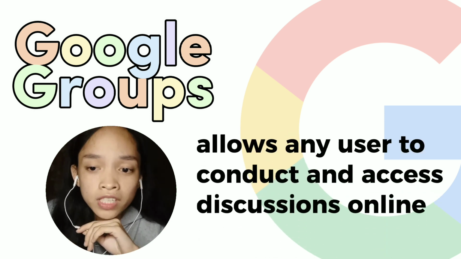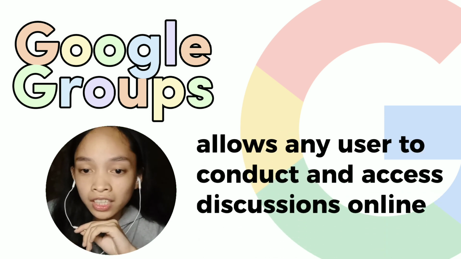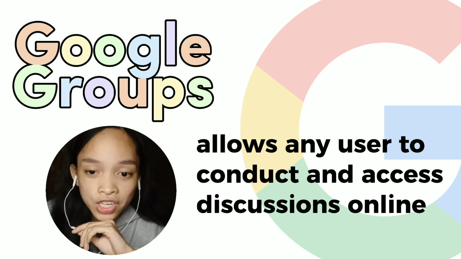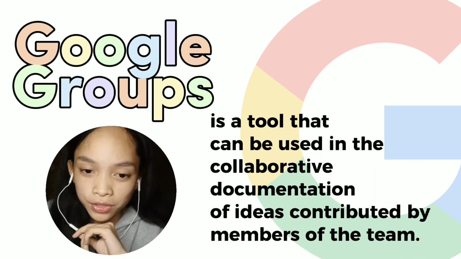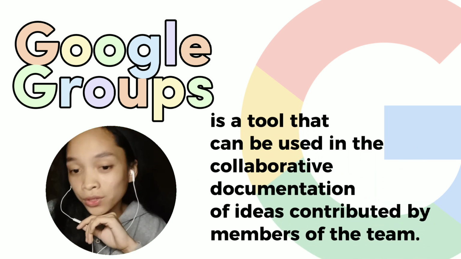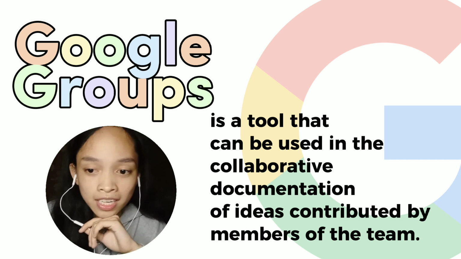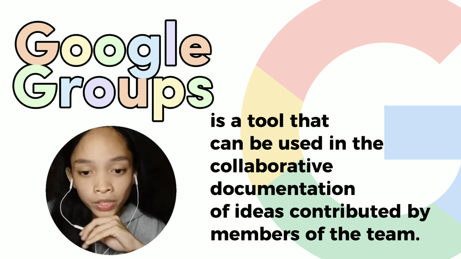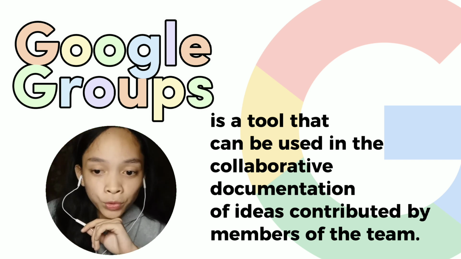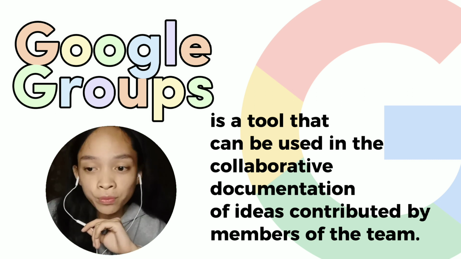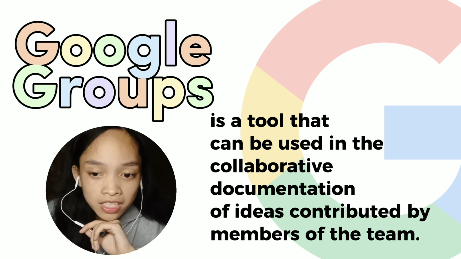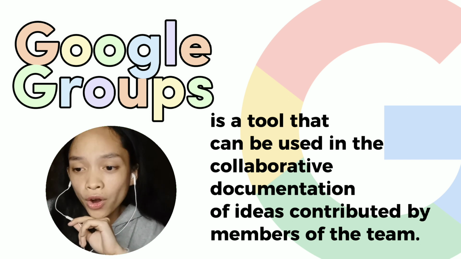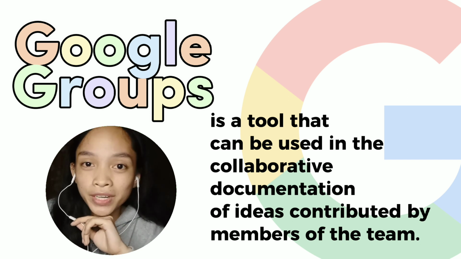Google Groups allows any user to freely conduct and access threaded discussions via either a web interface or email. What is a Google Group? According to Google, it's a tool where you can send an email to everyone in a group with one address, invite a group to an event, or share documents with a group. You can also create an online forum to discuss a popular technology or answer questions about a product.